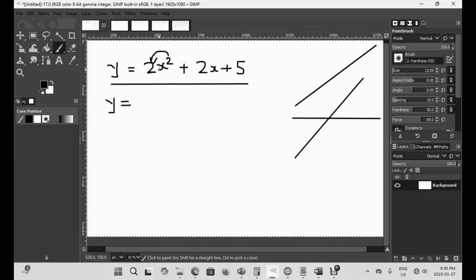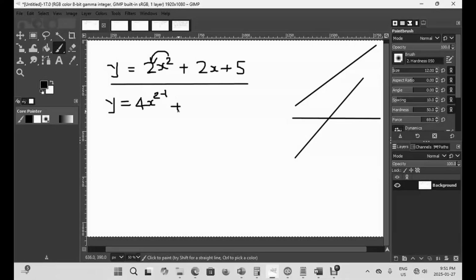The base is x, the coefficient is 2, so 2 times 2 is 4, x raised to 2 minus 1. You subtract 1 from whatever number you have for your exponent.